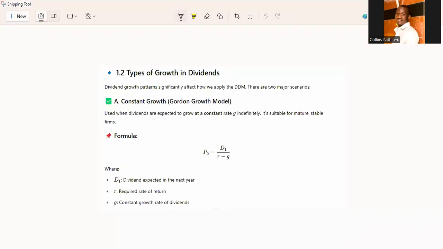So D0 is calculated as follows. D1 can be calculated as D0 (1 plus g).